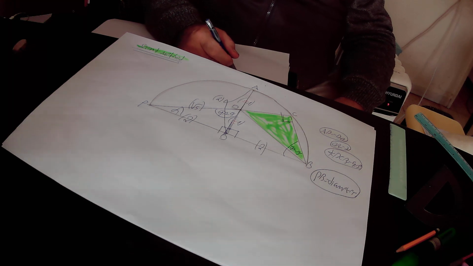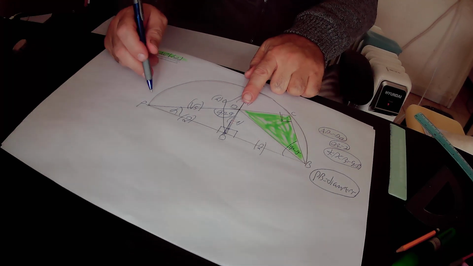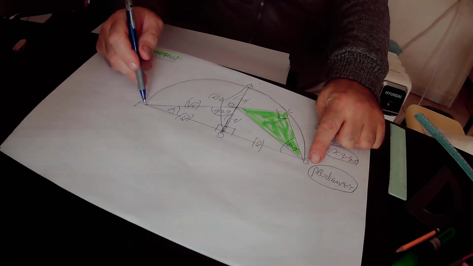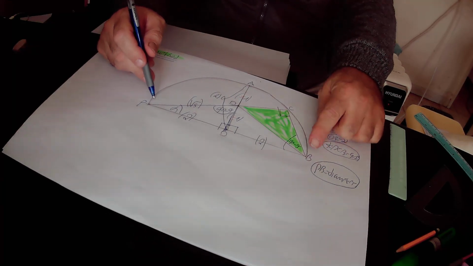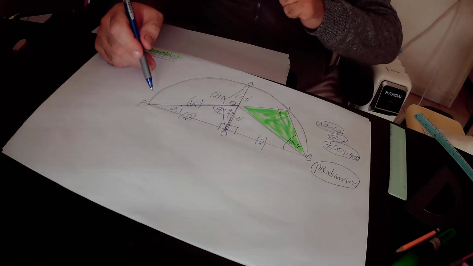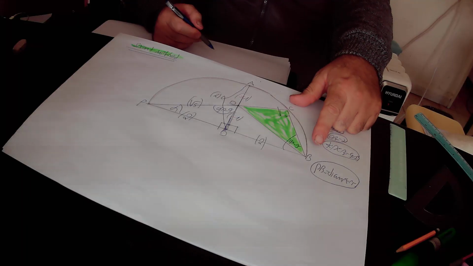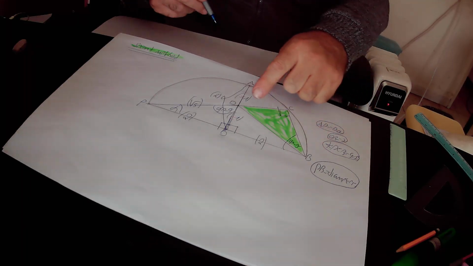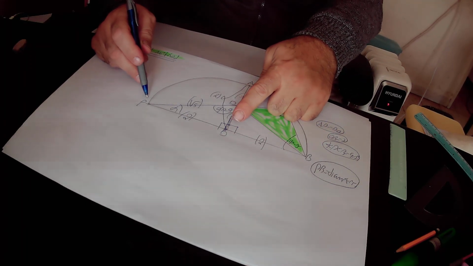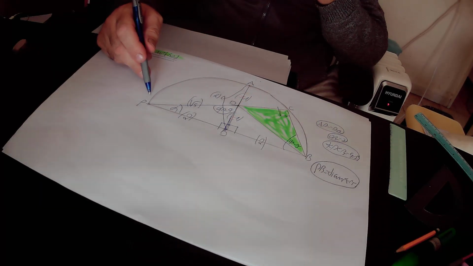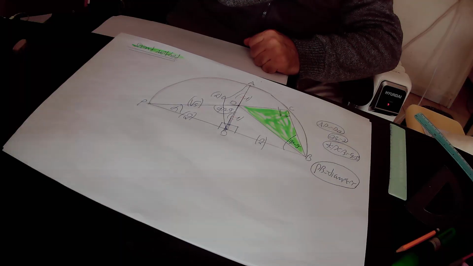Side PD of this small right triangle PDO over side PB of this big right triangle PCB is equal to side DO of the small triangle over side CB of the big triangle, and it is also equal to side PO of the small triangle over side PC of the big triangle. So I write it down.